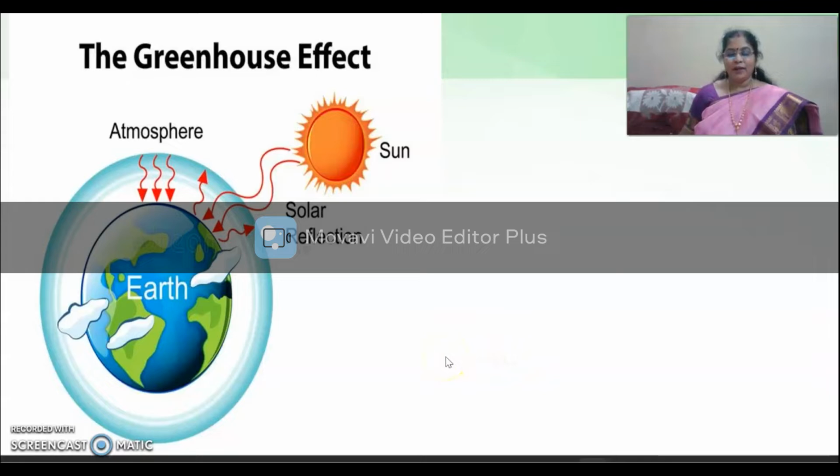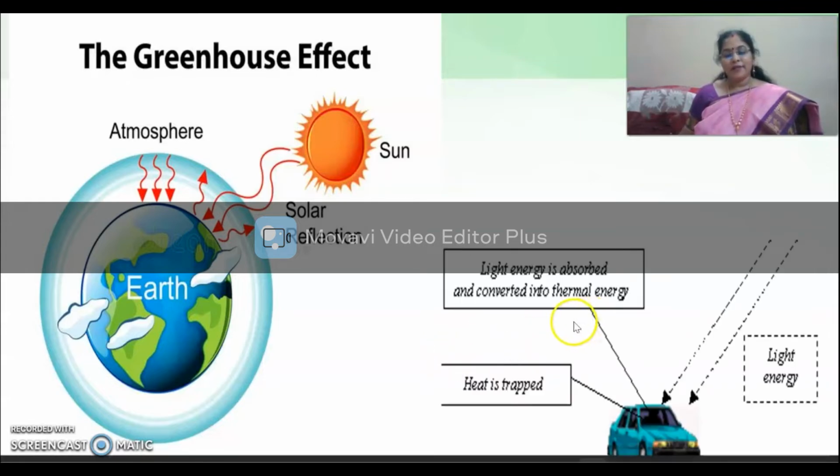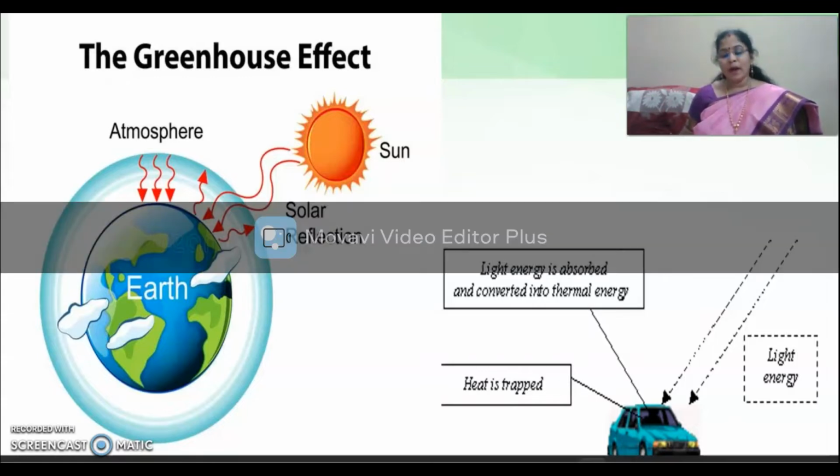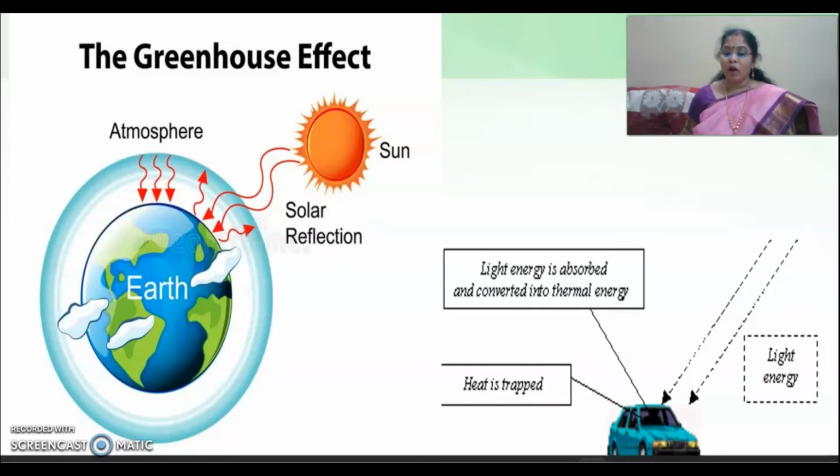Let me give you another example. For example, on a hot summer day, you are traveling in your car. Unfortunately, your petrol dries up and your AC is also not working in the car. So you just park the car on the road in the hot sun. Can you stay within the car for at least 5 minutes or even 10 minutes with all the doors and windows closed?